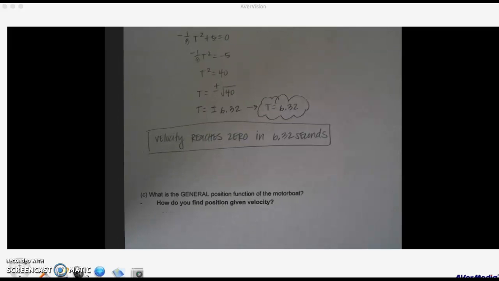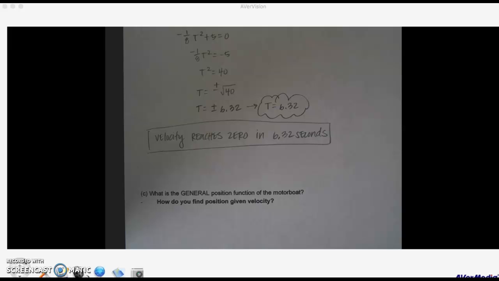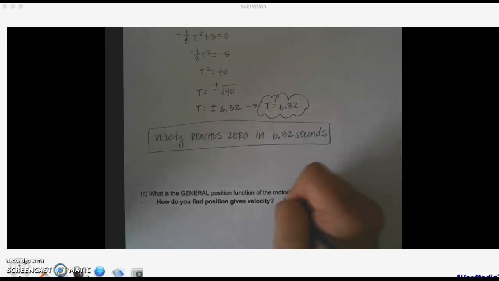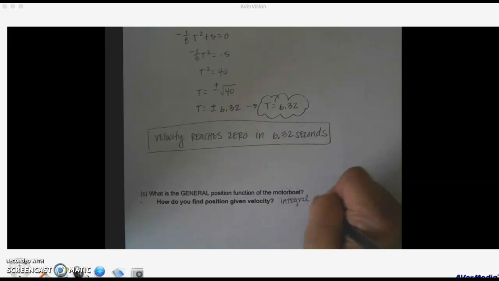Next we're going to find the general position function of the motorboat, so that we can plug in any time value to see how far the motorboat is from the dock. To find position given velocity, we need to take the integral of our velocity, because our position is like our f of x and our velocity is our f prime.